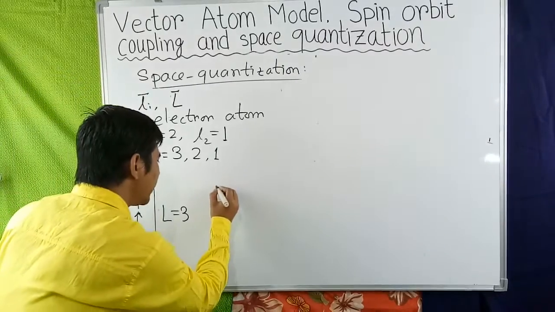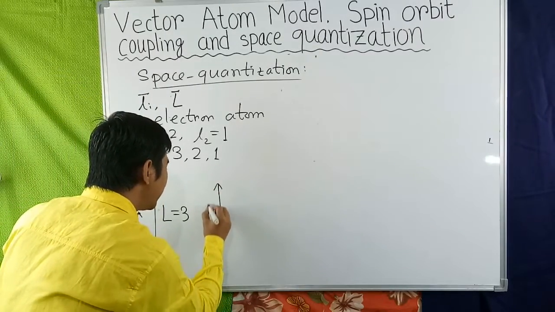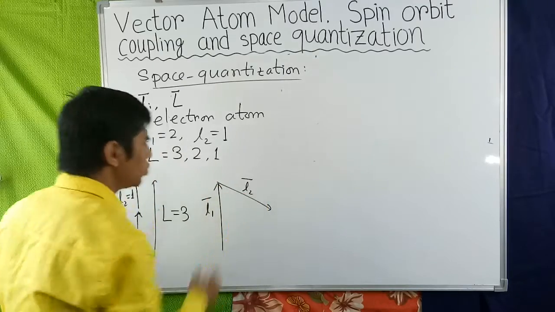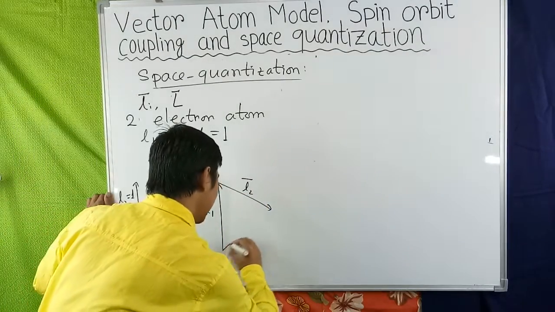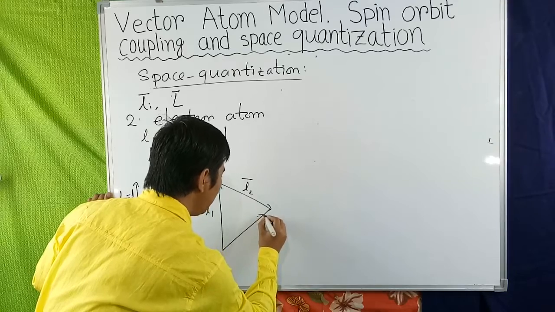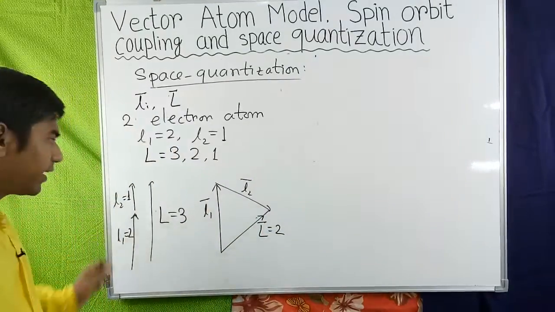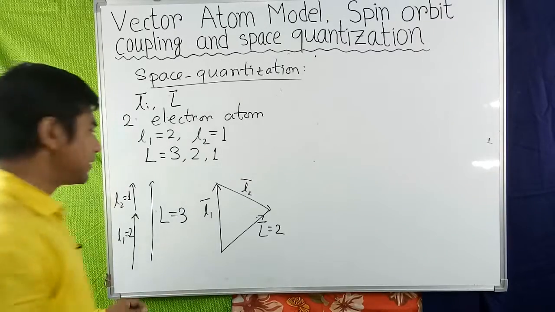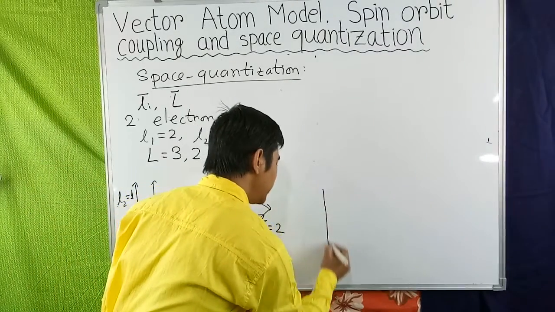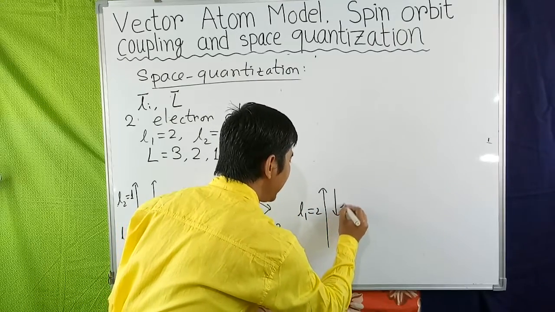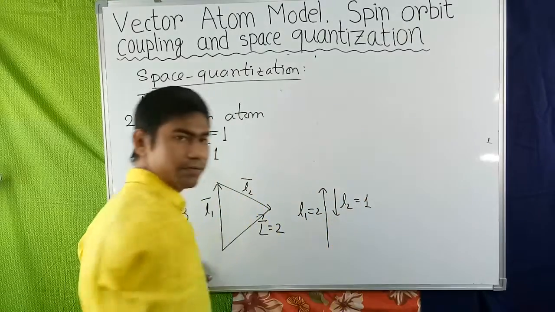Now suppose this is L1 and this is L2. So the addition, capital L, is here, L equals to 2. Now another possibility is, suppose this is L1 equals to 2 and this is L2 equals to 1.